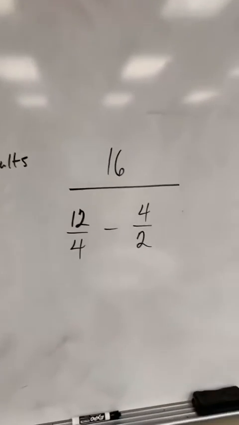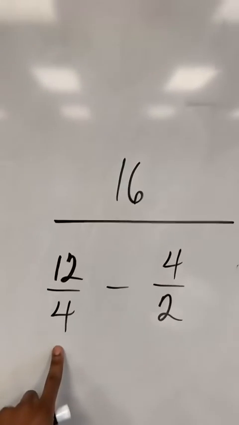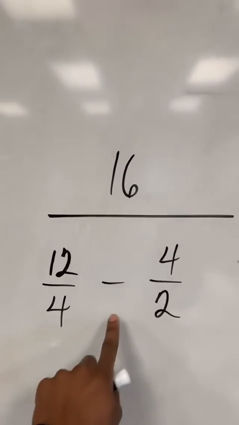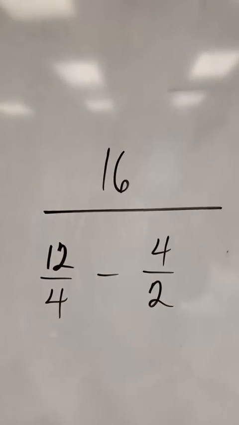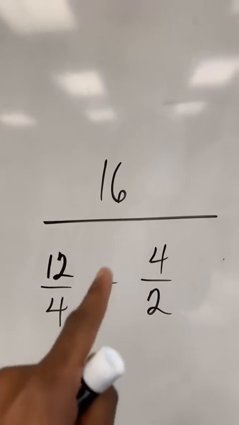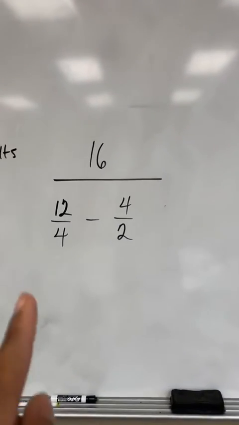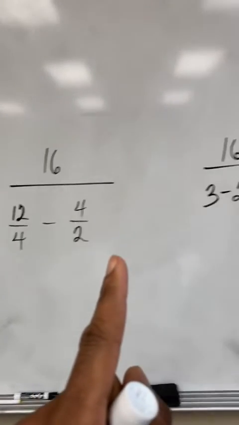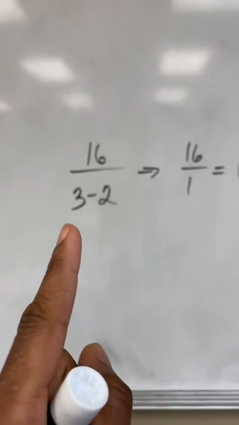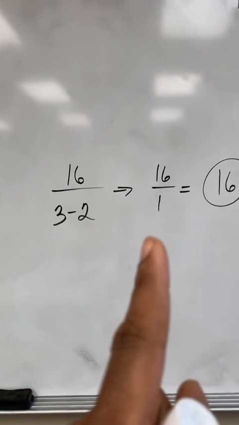Believe it or not, it's about to get less complicated. So what happens when you divide here? You get 12 divided by 4, you get a 3, minus 4 divided by 2, that's a 2. Notice how this is now 3 minus 2. I got 16 divided by 3 minus 2. 3 minus 2 is equal to 1. 16 over 1.